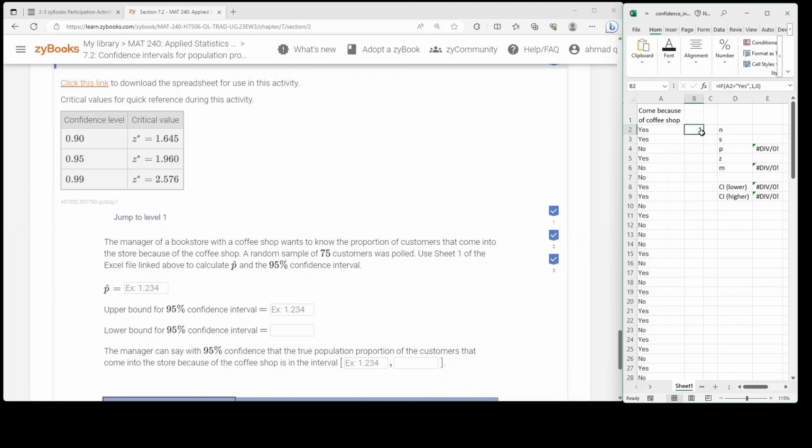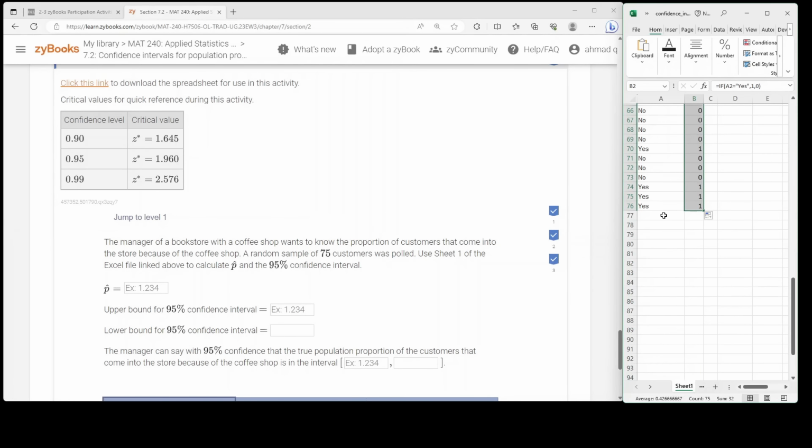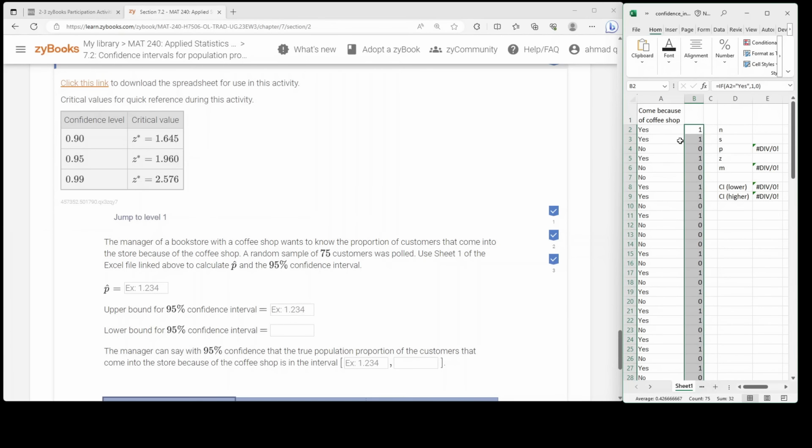And then again, if I hover over the lower right corner of the cell and double click, that copies the formula down to the 75th row here. Now, you can see whenever this cell has a no in it, that's a 0. Okay, so now we have 75 total sample.